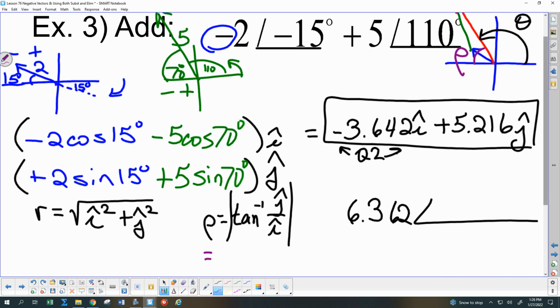Amelia, what do you have for rho? 55.077. And Amelia, great job remembering that we always write it down as a positive. Did your calculator actually say positive? So right now your calculator actually has negative 55 on it. But when we look at that, we would not say that's a negative 55-degree angle. We're just using the positive part of that.